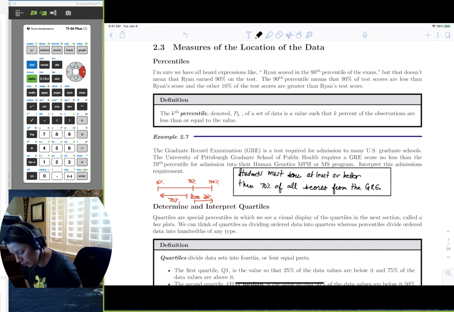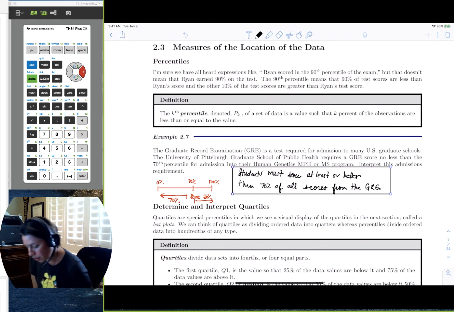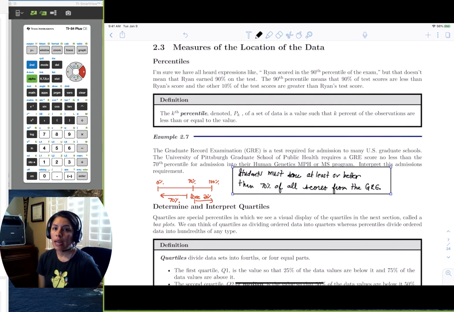So out of all the students taking that exam for entrance to the School of Public Health, your score has to be where 70% of the scores lie below it and 30% lie above it. It's just that data location barrier.